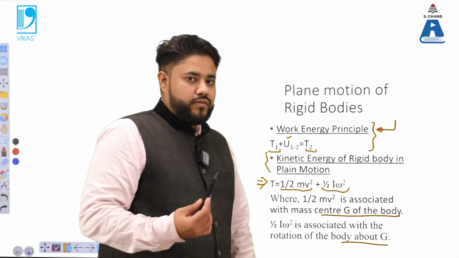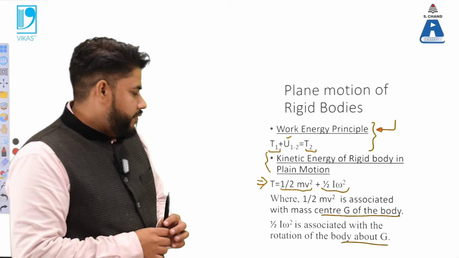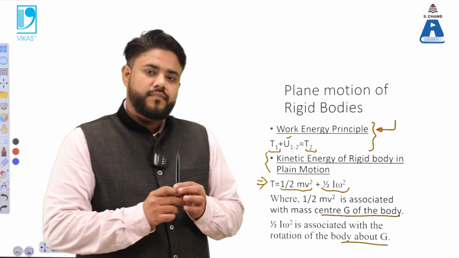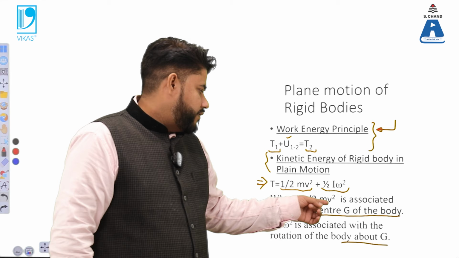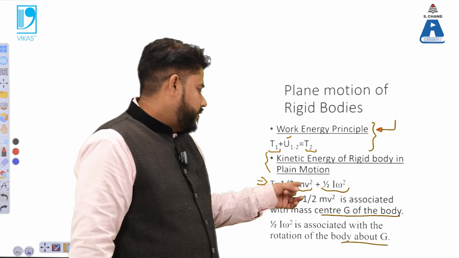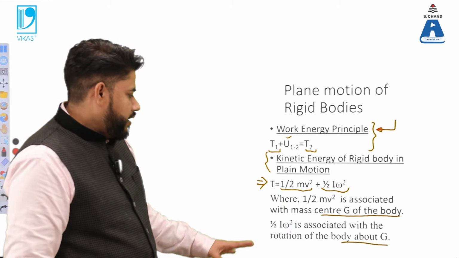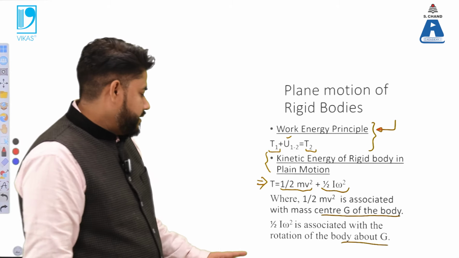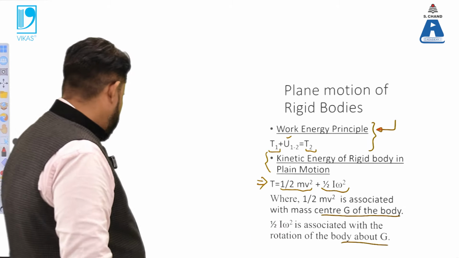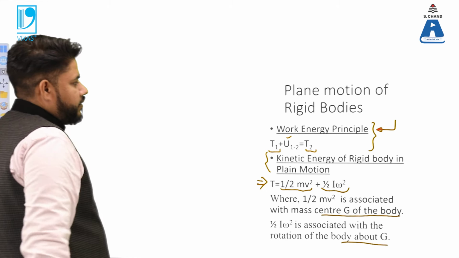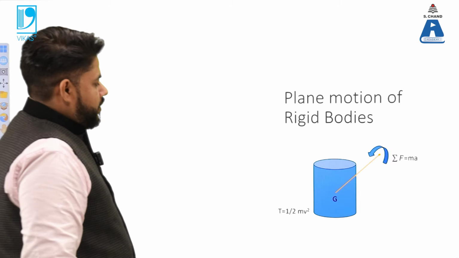So here in case of a rigid body, if it is moving with the center, so as per the center of gravity, if it is moving, it would be having the kinetic energy. And additionally, if it is rotating about this axis, it would have this energy, which is half I omega square. This part we will be using in the coming numerical.